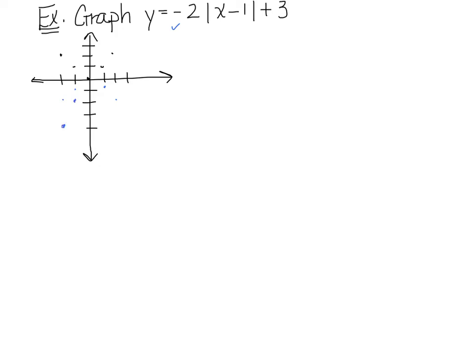I'm going to try to erase as I go so we don't get confused. And then the -1 inside the absolute value means we move everything right 1.